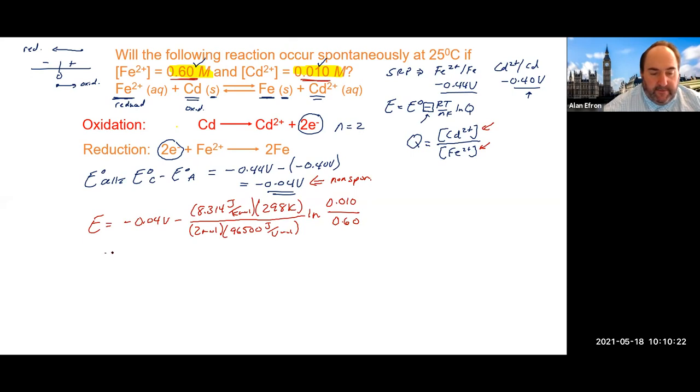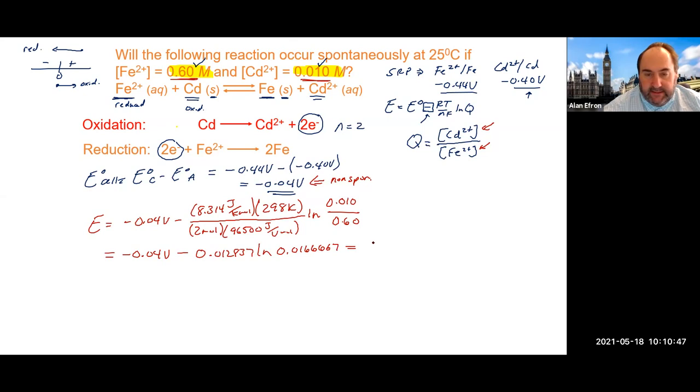We end up with minus 0.04 volts minus 0.012837. We'll also divide out the 0.01 divided by 0.6, which gives us 0.0166667. We'll do some rounding.